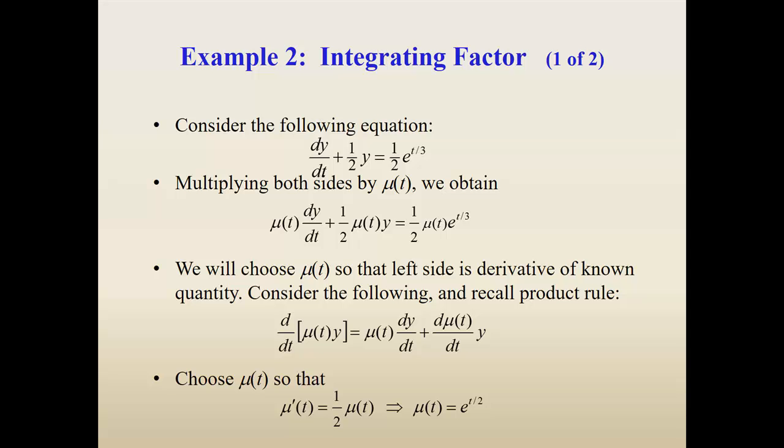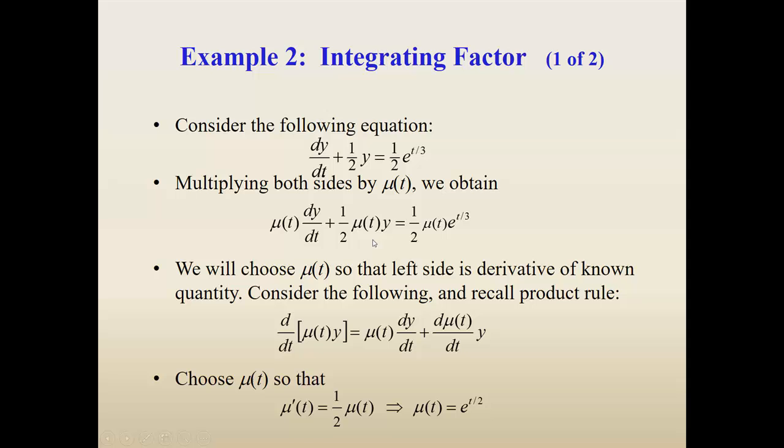Because I'm multiplying a derivative and the y function by mu, I can compare it to the product rule, which at this point should be very well known to you: the derivative of mu and y multiplied together is mu y prime plus mu prime y. If you look, that first term is identical to the first term we see here.